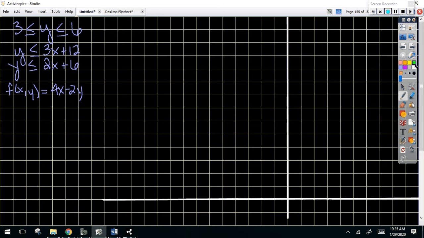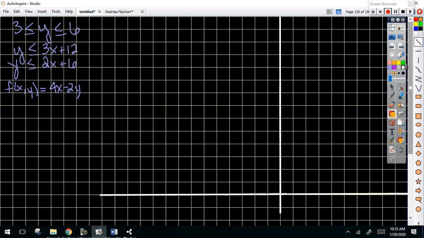So if you're between 2 values like that, if it's between y, then it's horizontal: 3 and 6.